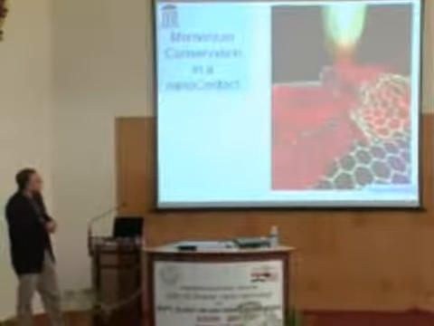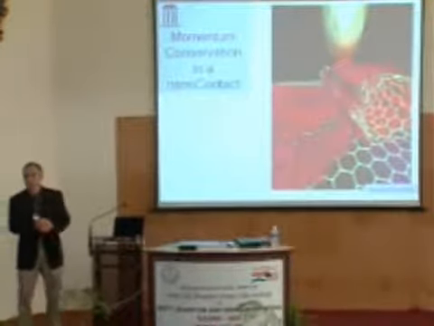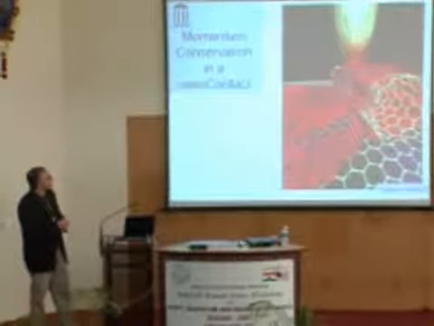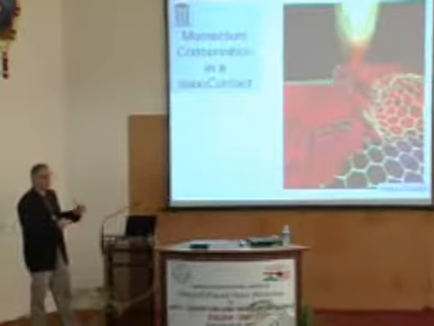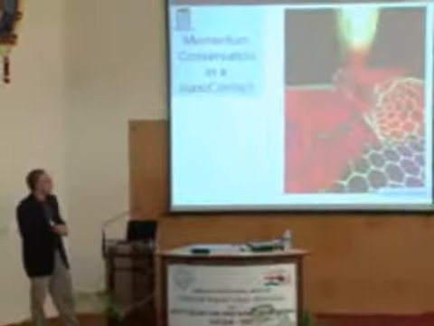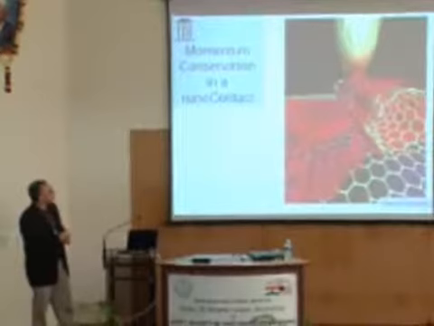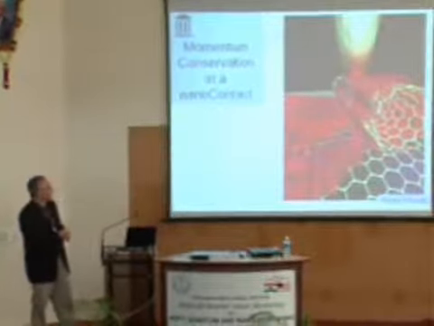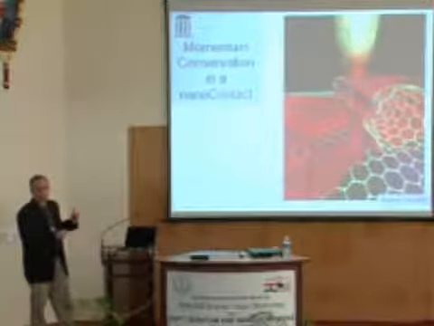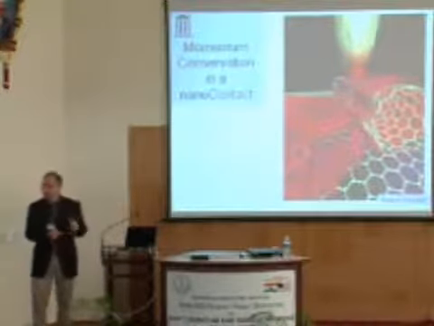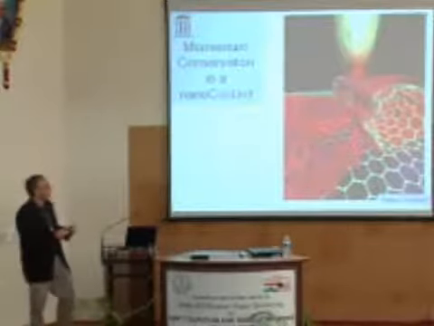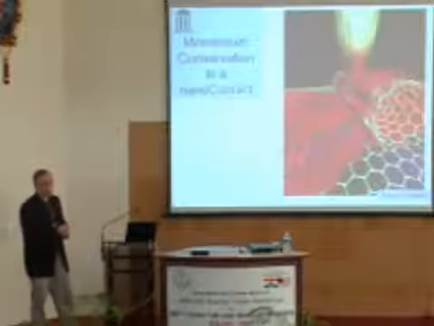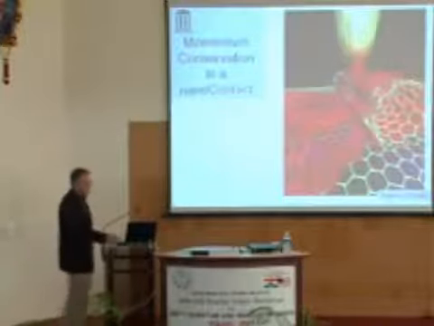Similarly, in the substrate, these directions are directions in momentum space or in K space, where transport is possible. And so actually, if you go through the quantum mechanics of this problem, what we're seeing here is essentially momentum conservation in this contact here. Typically, when people talk about contacts, you talk about energy conservation, for example, in band overlaps and semiconductor contacts. Here, we're talking about momentum conservation in a contact.